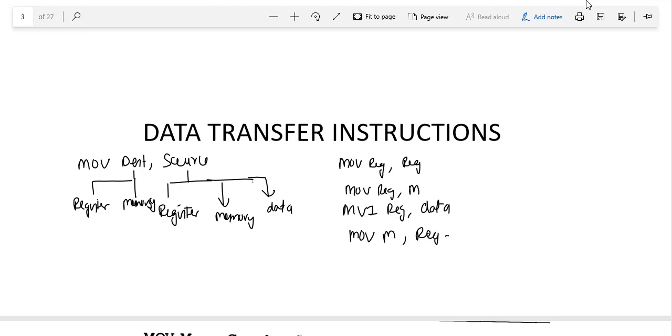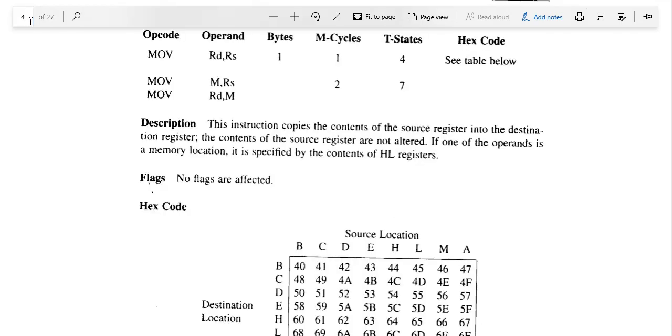There will be no instruction in which both the destination and source are memory, and there is no instruction in which destination is memory and source is data. So we have four types of move instructions. We will see them one by one and discuss accordingly.